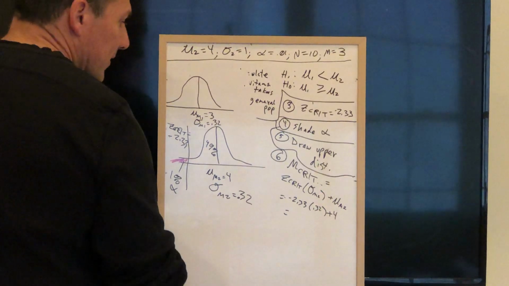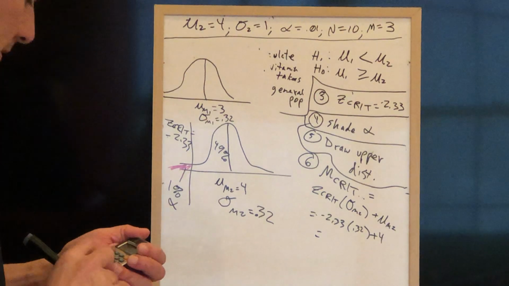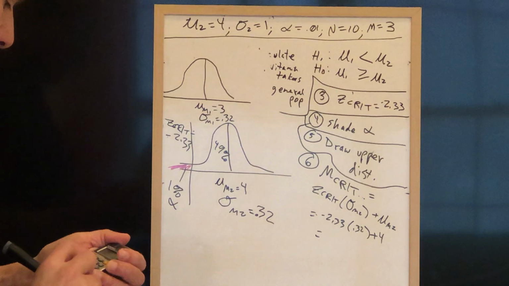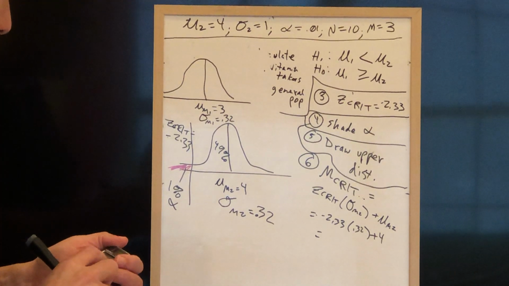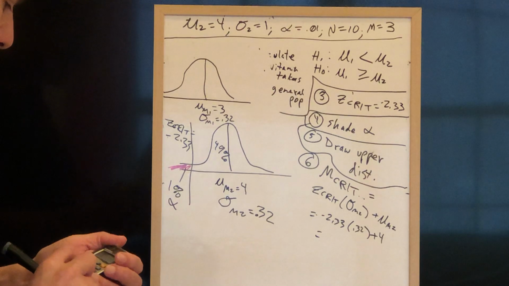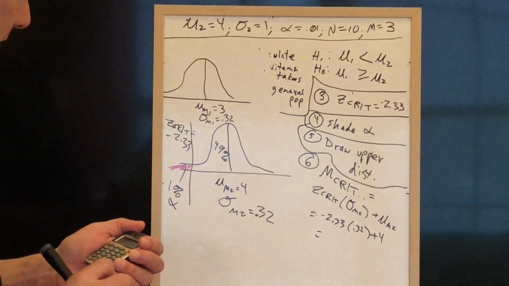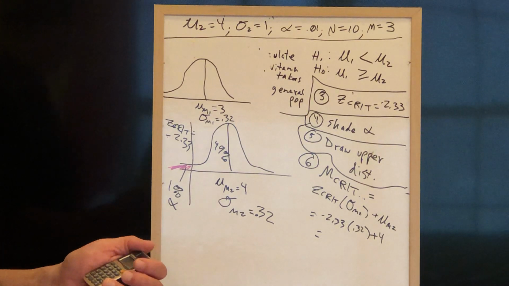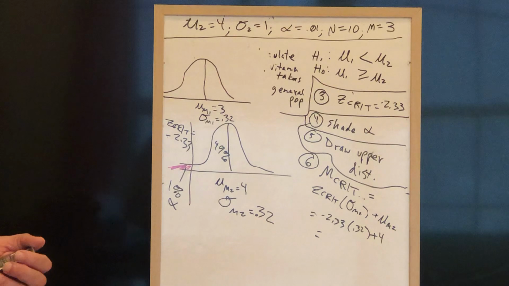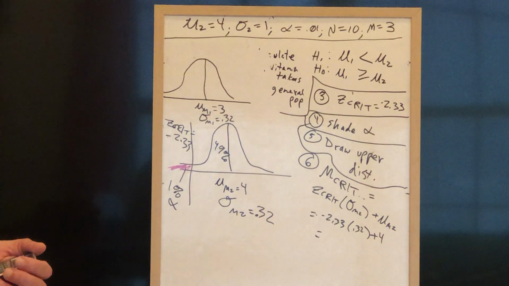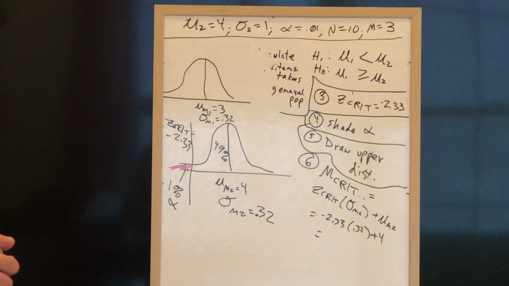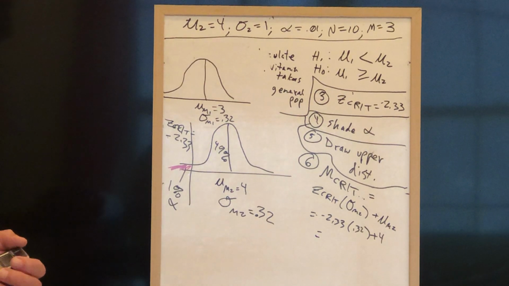Time to hit the calculator, kids. I'm getting 3.53. Dana, did you get that? Hold on. I might have done it wrong. Is it 2.33? Yeah, negative 2.33. Yeah. Okay, 3.53.